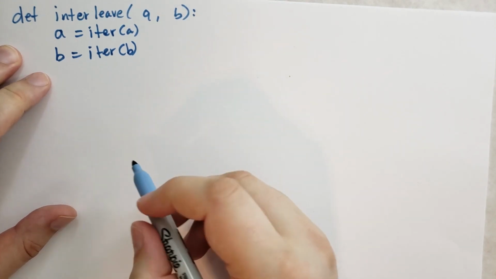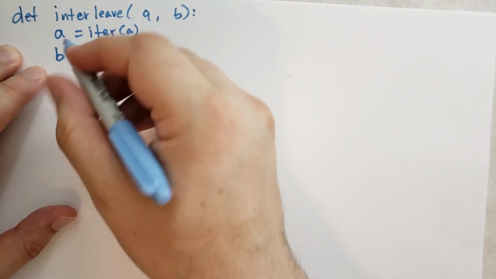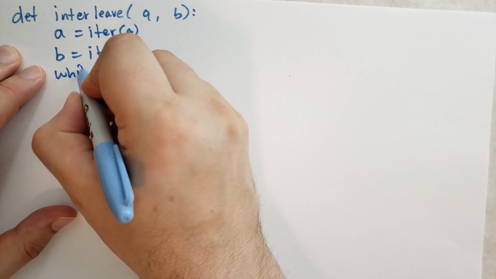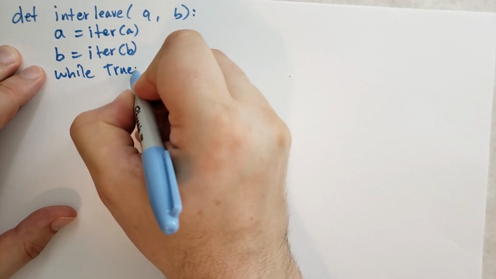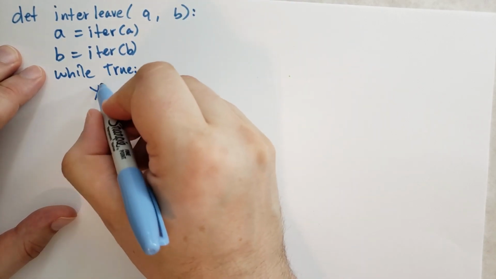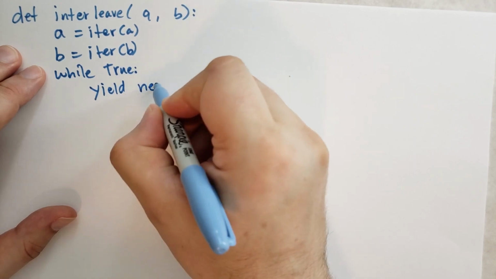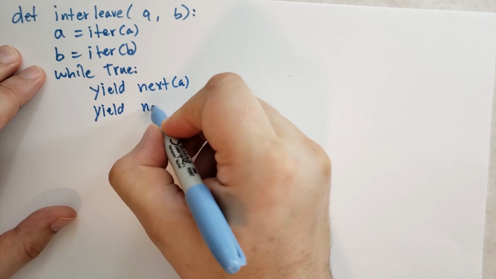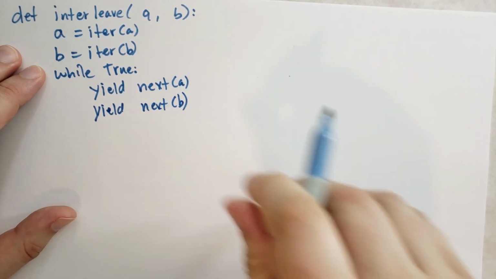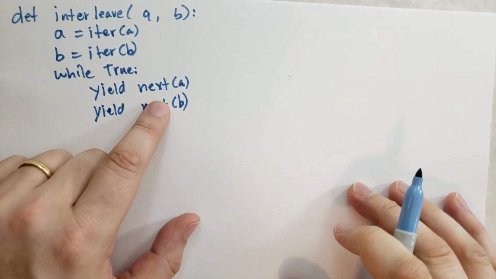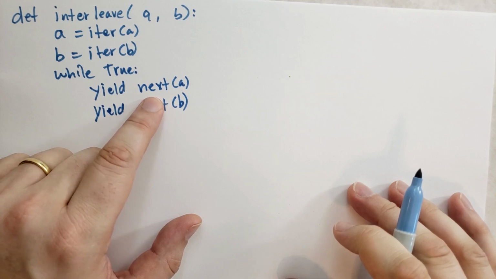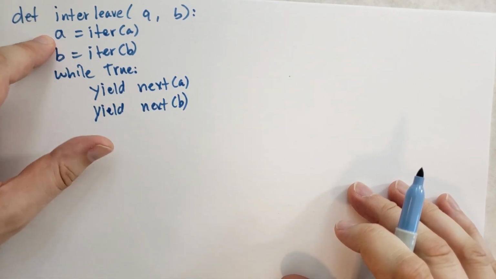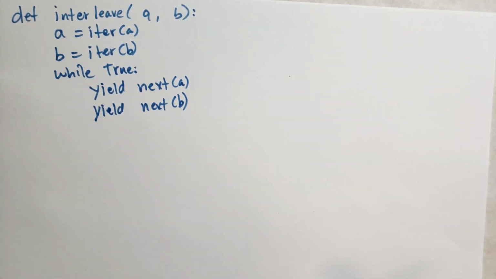Next, we're going to go through an infinite loop where we yield items from each one. If one of the sequences were to be exhausted, it would raise StopIteration, which is exactly what we want the generator to do when it runs out of items.